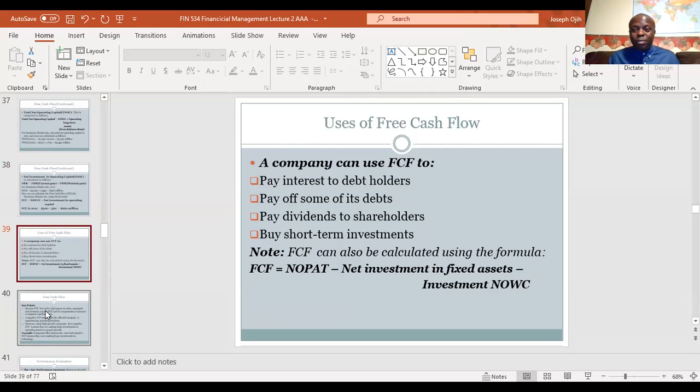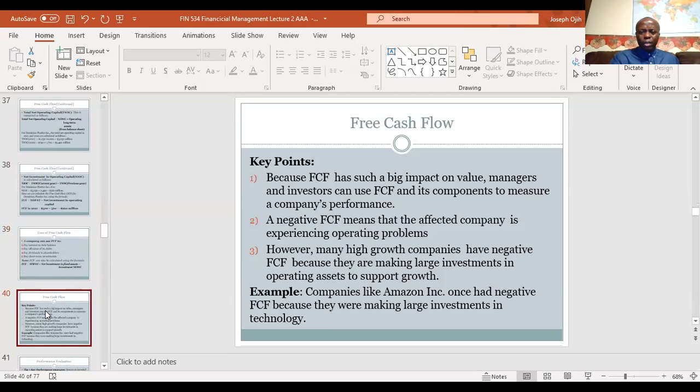Every company has debts. So they pay down the interest or pay off some of its debts, or they can use it to pay dividends to shareholders, or even buy short-term investments, or even go into projects that will boost the value of the company in the future.